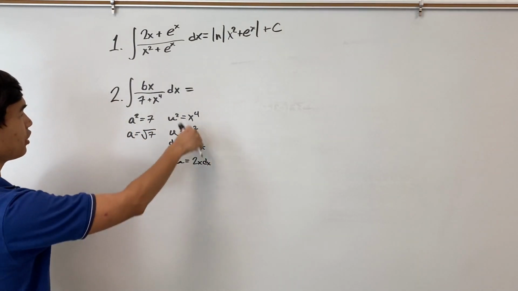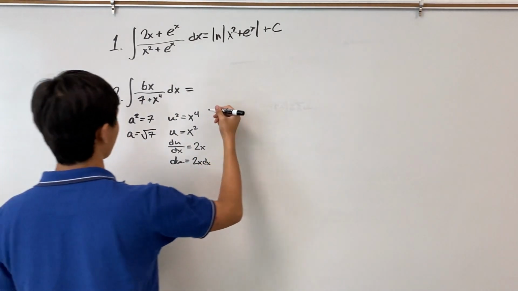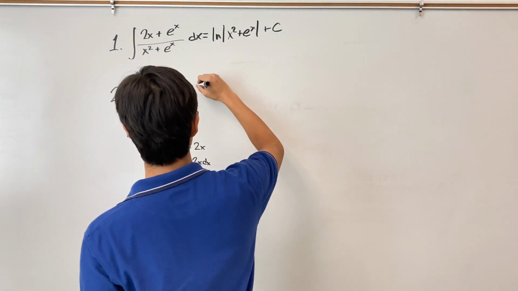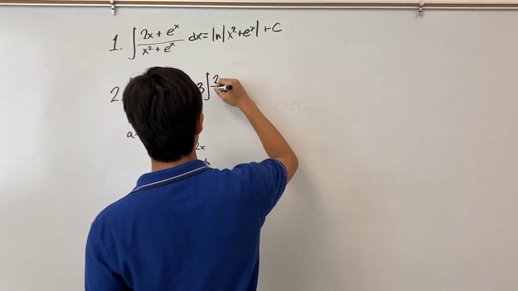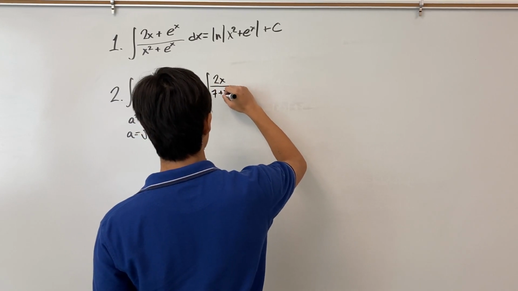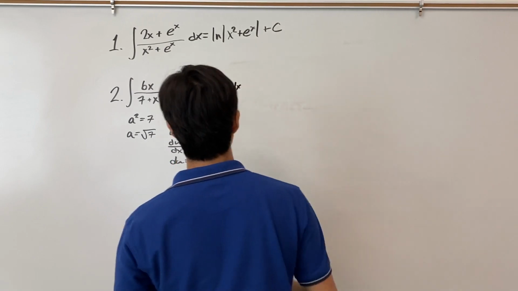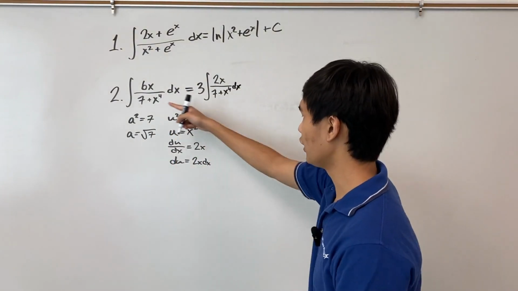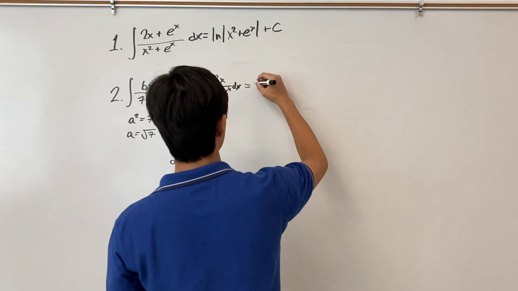And now here, we need 2x dx, but we have 6x dx. So what we can do is factor out a 3 to the outside of the integral. So we have 3 times the integral of 2x over 7 plus x to the fourth dx. And now we can use all this information to make the substitution.